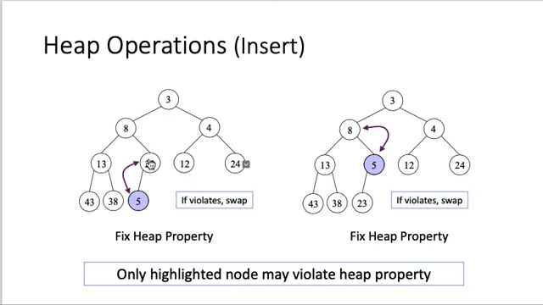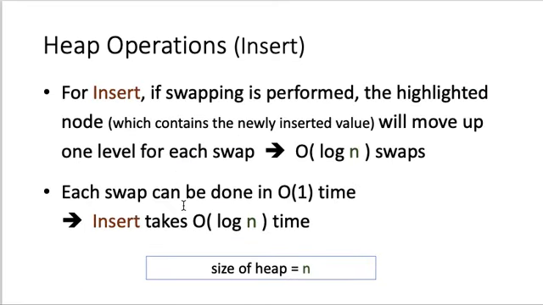So the time to perform this operation is independent of the total number of nodes. We just look at these two nodes and they exchange the value. So that's why we say each swap can be done in constant time, order 1 time, independent of n. So there are order log n swaps, each one takes order 1 time, so insertion takes order log n time. Here, n denotes the size of the heap, the number of nodes stored in the heap.